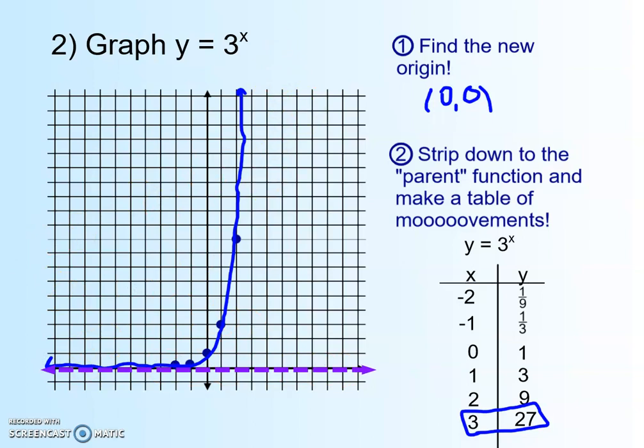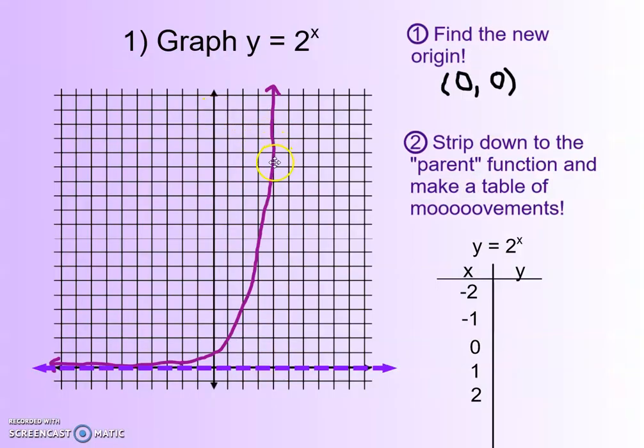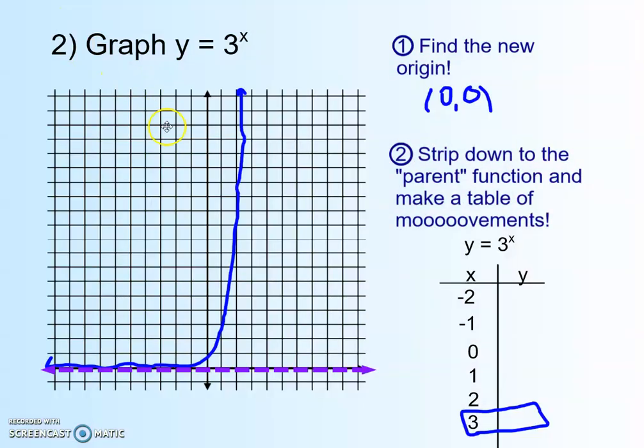But if we compare this curve to this curve that we drew in the previous page, let me come over and I'll sketch that. This purple curve, y equals 2 to the x, it also passed through this point, but when x was 1, y was 2, not 3. When x was 2, y was 4, not 9.